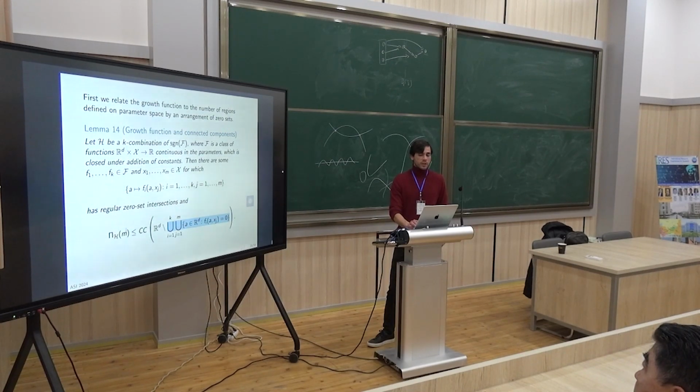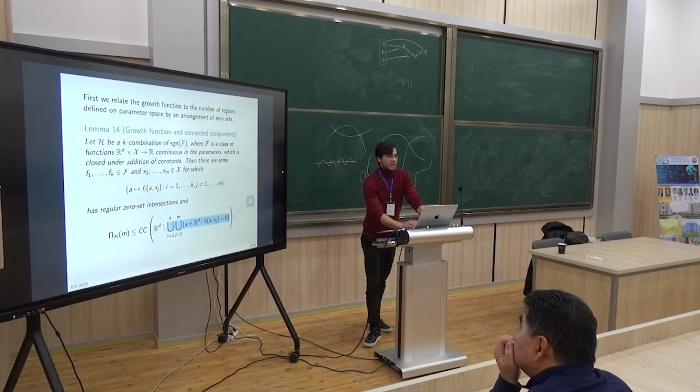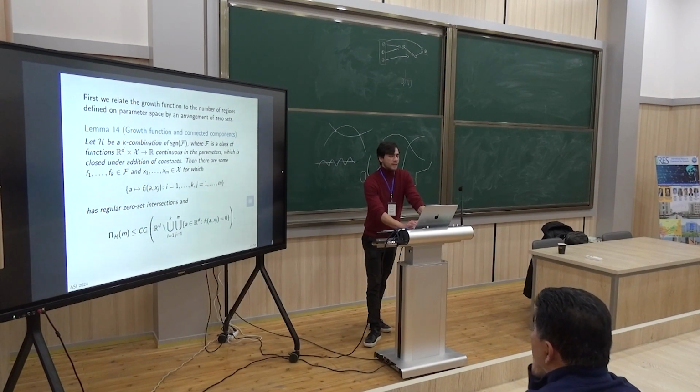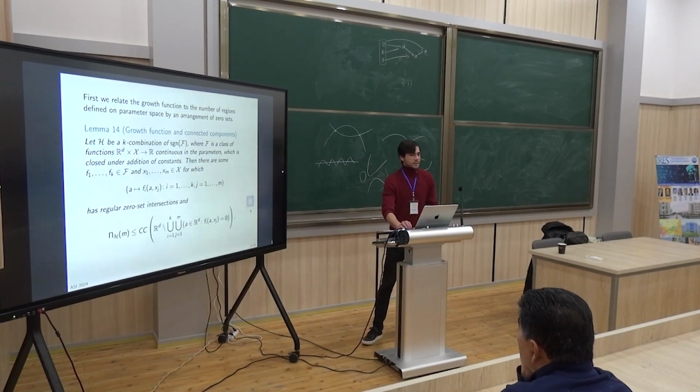So that's an upper bound on the total number of dichotomies for the growth function of this class. So it's a strategy. Now what we need to do is, this has become a combinatorial geometric problem, which is to estimate the number of connected components that are left in the parameter space once we remove those hypersurfaces.